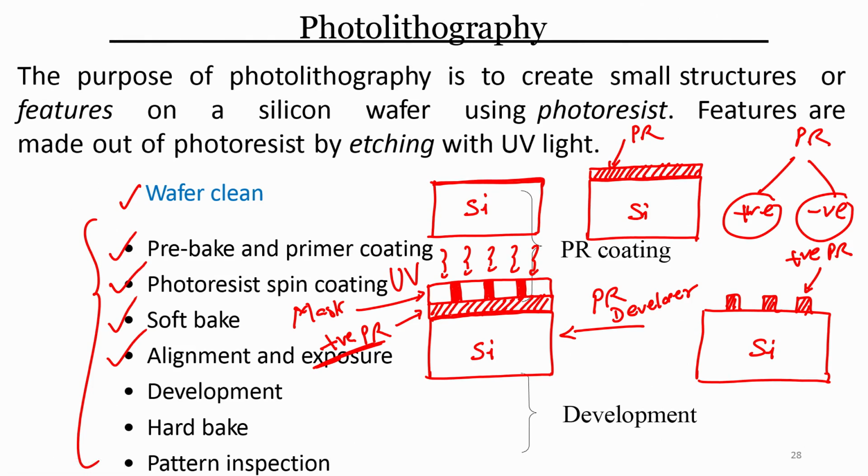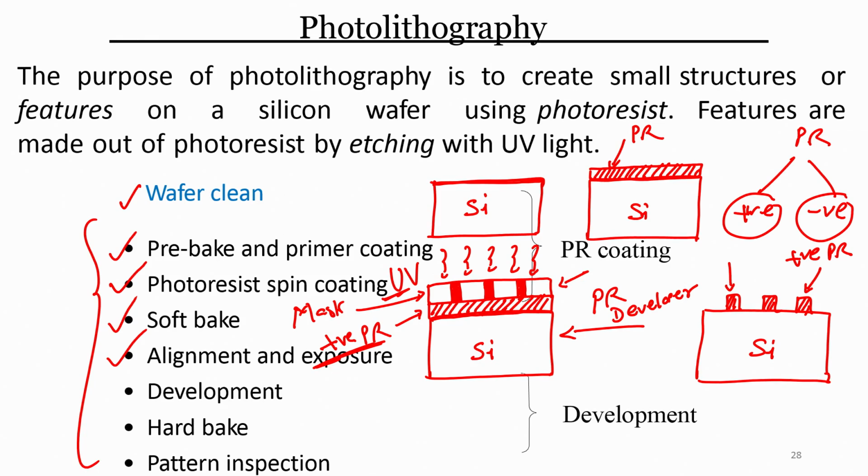You see here the red blocks are the area which is not exposed to UV, and the area which is not exposed becomes stronger, and you can see that the photoresist is not developed where the area was not exposed by UV light. In other words, we are replicating the same pattern of the mask if I use positive photoresist.